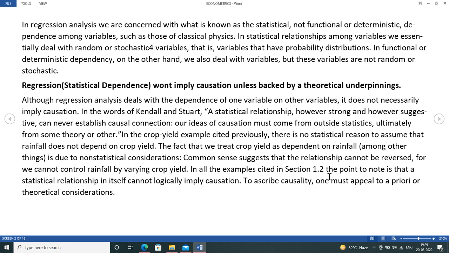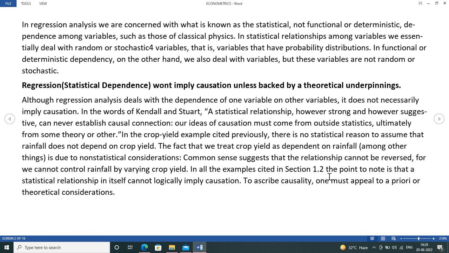To consider this, Gujarati gives an interesting example. In the reading by Gujarati, you will get an interesting observation where it states that you may find a statistical dependence between crop yield and rainfall. But this doesn't mean there is a causative relationship between crop yield and rainfall.